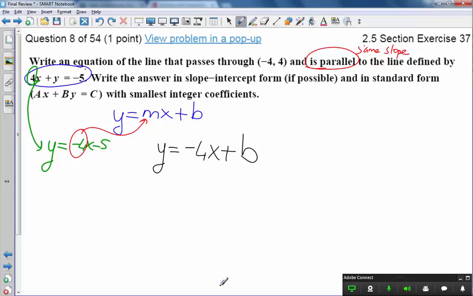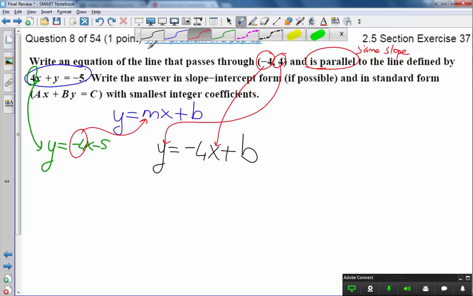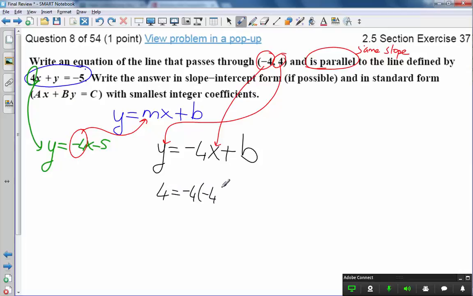All right, get b now. How? Use these, multiply, move it to the other side, etc. b is minus 12.